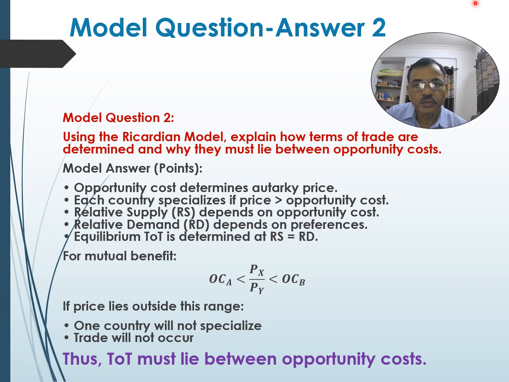For trade to occur and benefit both countries, the international price must lie between the two countries' opportunity costs. If the price is below the lower opportunity cost, one country will not specialize.